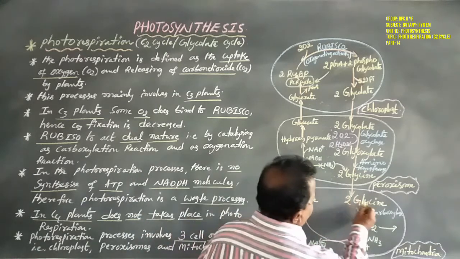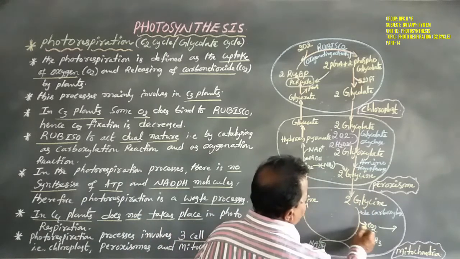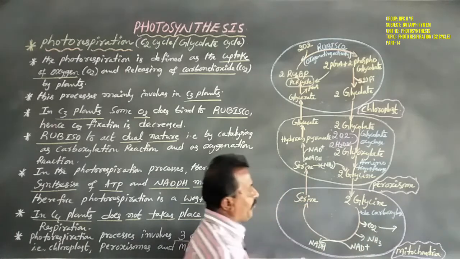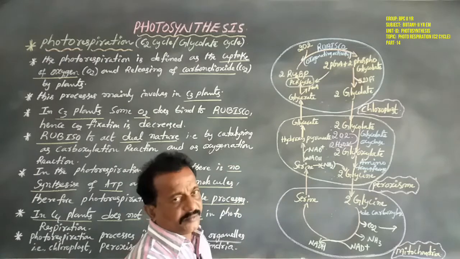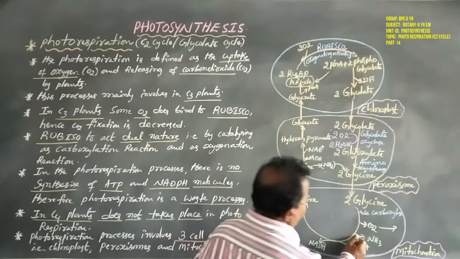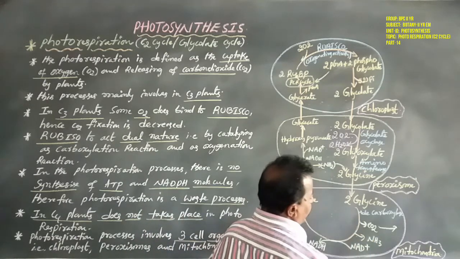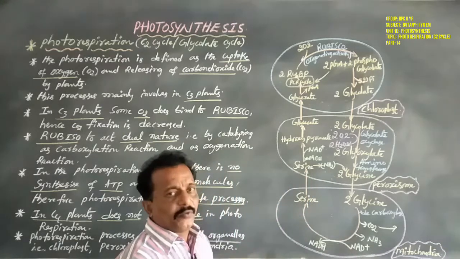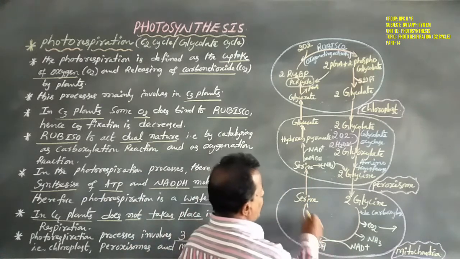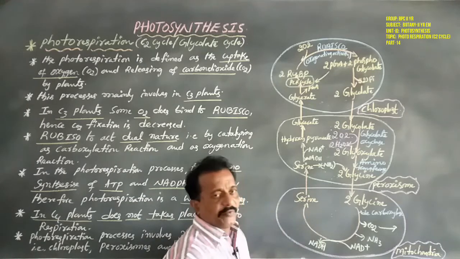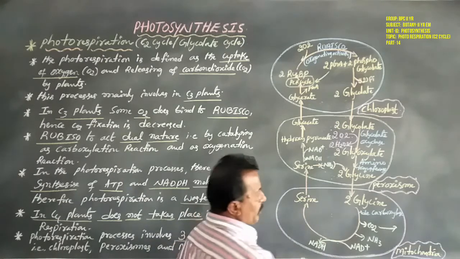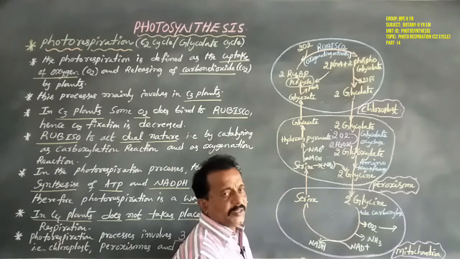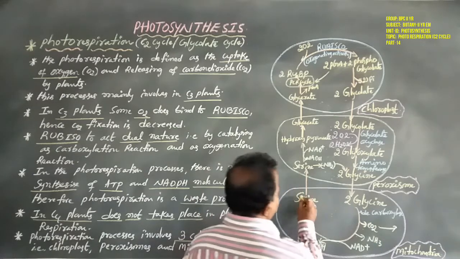So the 2 molecules of glycine again are converted, releasing carbon dioxide, to form serine. At the same time ammonia is released and reduced NAD is utilized to form serine. So in the respiration process CO2 and serine are released.